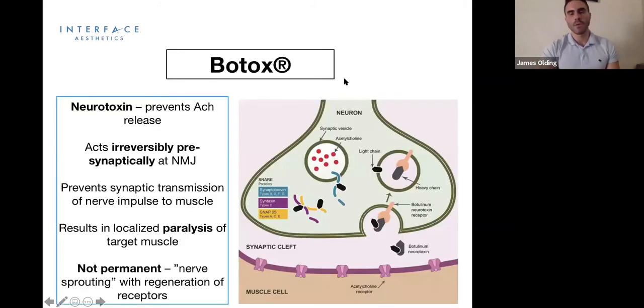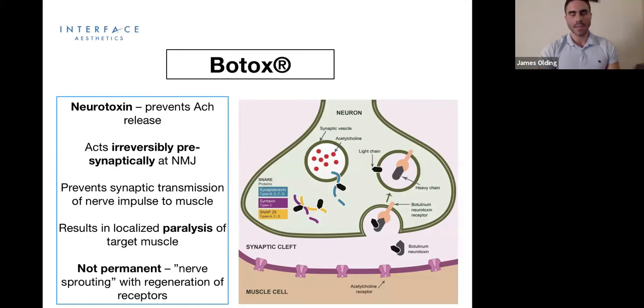Fine, so a brief overview of Botox. I've used the brand name here. Obviously, it's talking about botulinum toxin. So it's a neurotoxin which prevents acetylcholine release. And the way it does that, it works at the neuromuscular junction, and it works presynaptically. So it has a heavy chain and a light chain. The total weight is about 150 kilodaltons. And it's taken up by endocytosis at the presynaptic membrane.